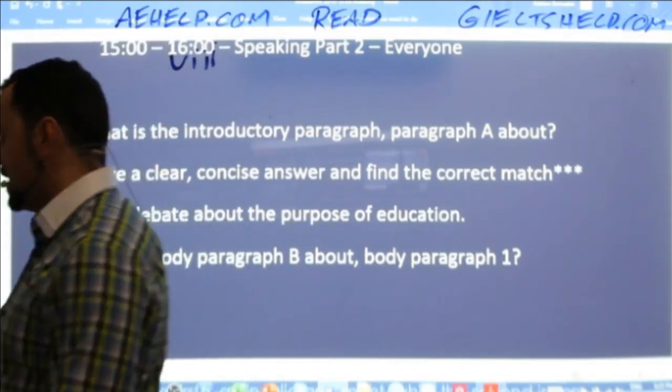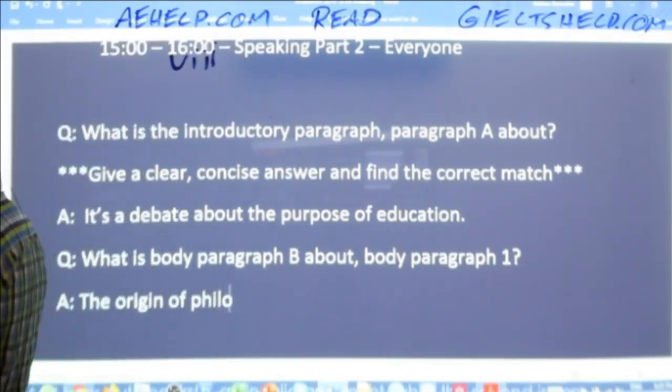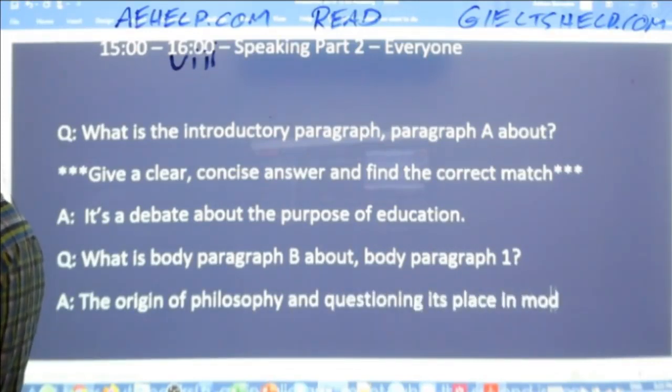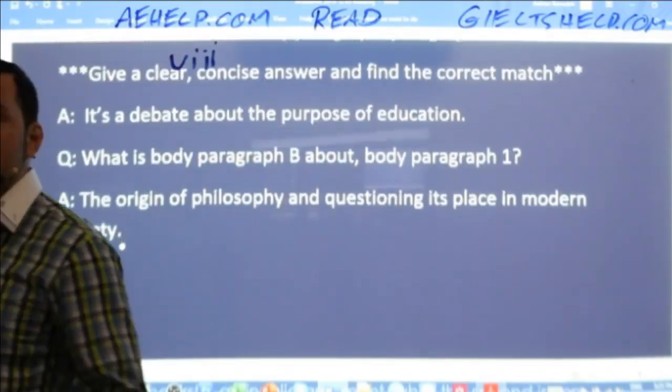Yeah, so let's say the origin of philosophy and questioning its place in modern society. That would be my most concise response to that, right?